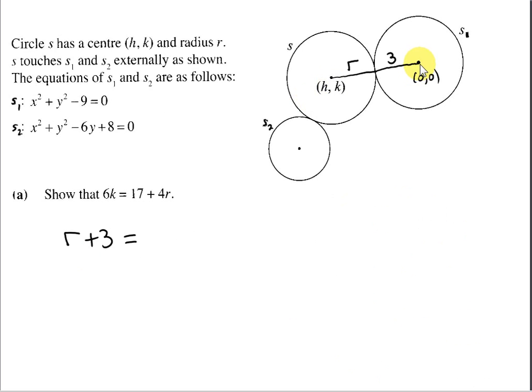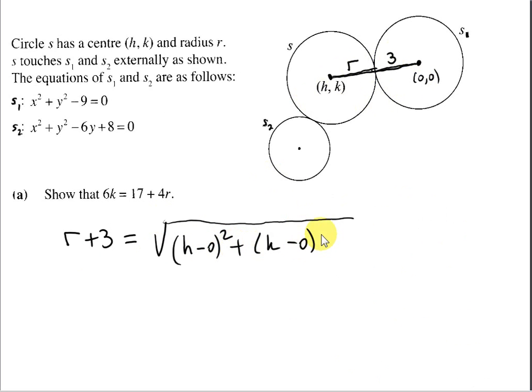So the distance between the centers of these circles is r plus 3. And we can get that distance another way. We have the coordinates of the two endpoints, so we can just use the distance formula, the square root of the difference in the x values squared plus the difference in the y values squared.